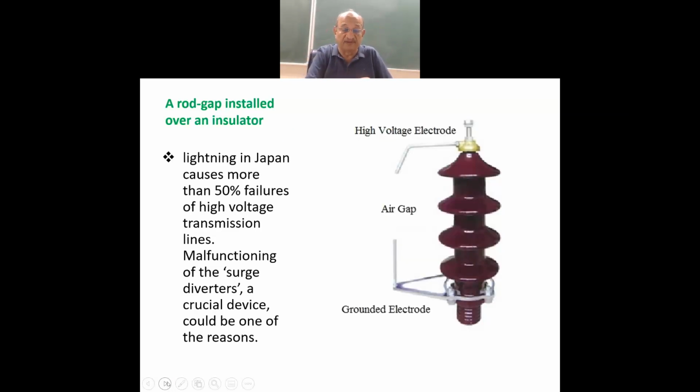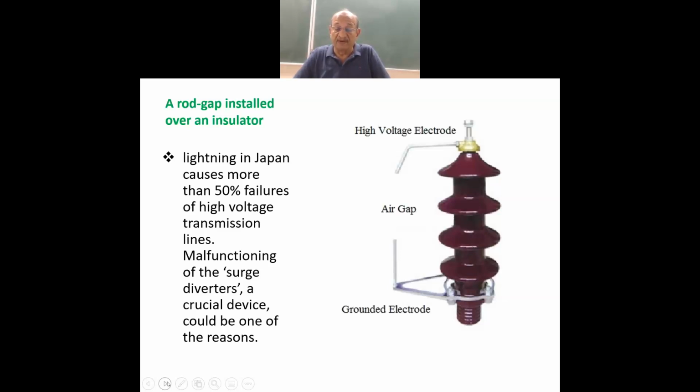I was mentioning the horn gap or the rod gap in the insulator string. This figure, as you see, is an insulator string. The top conductor is the high voltage conductor, and the bottom one is the grounded electrode conductor.